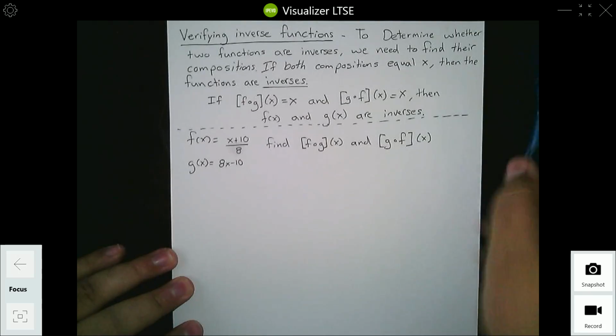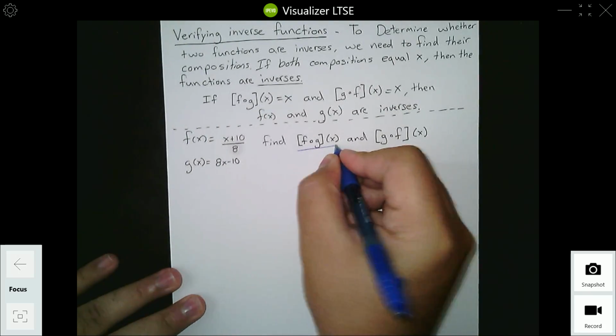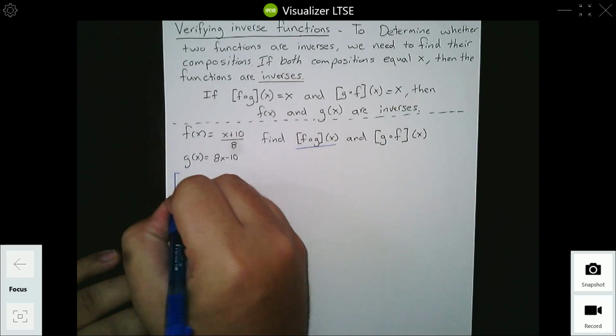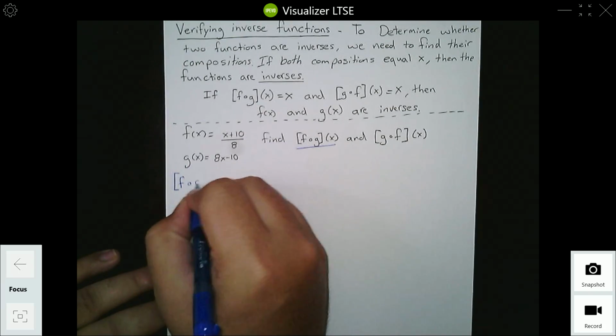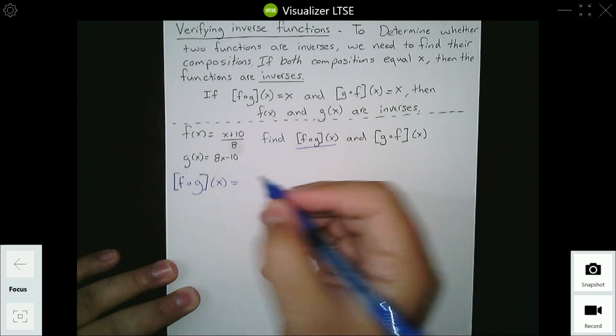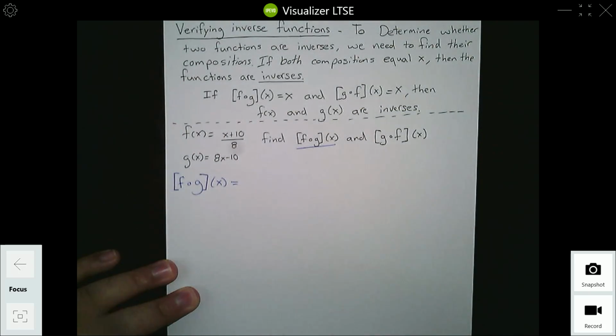The first one we're going to talk about is f of g. If we have our function, we set it up: f of g of x. I can rewrite this another way to better understand composition functions.